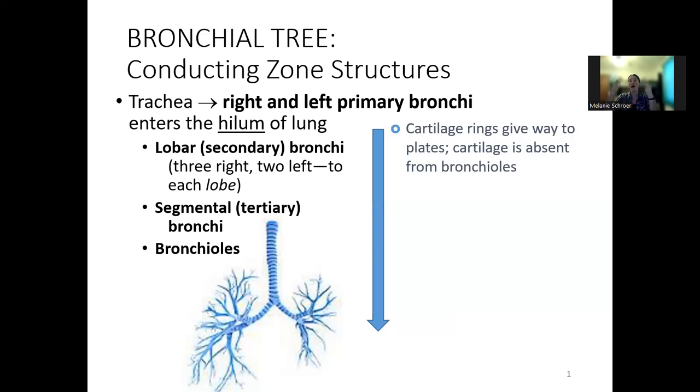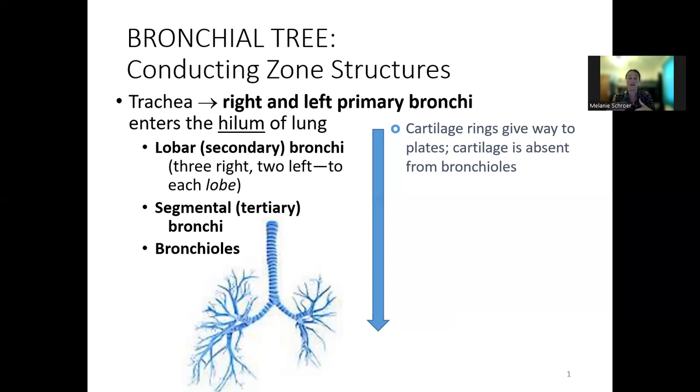As we get deeper into the tree, the cartilaginous rings give way to cartilaginous plates. So instead of essentially being a U shape right here, you can see we have plates. You can think of bricks in a building, just overlapping each other.